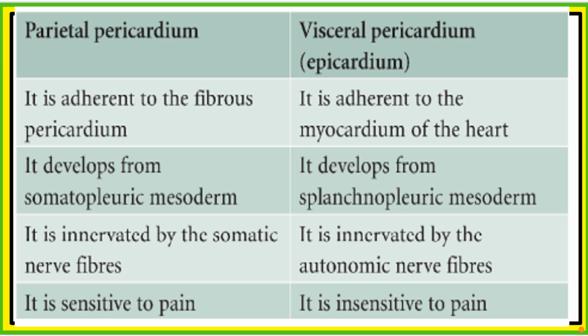The parietal pericardium will be innervated by somatic nerve, and soon I'll be telling you it is actually the phrenic nerve, while the visceral pericardium will be innervated by the autonomic nerve fibers. The parietal pericardium will be sensitive to pain, while the visceral pericardium will be insensitive to pain.